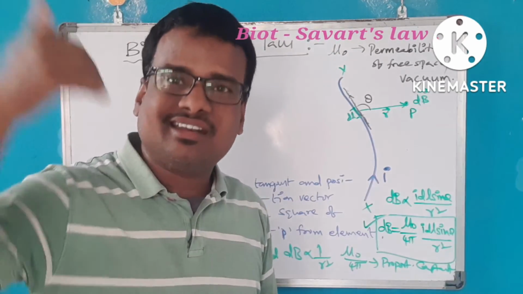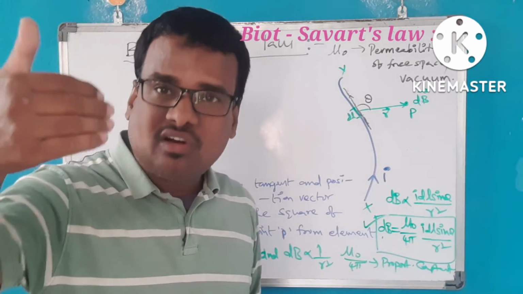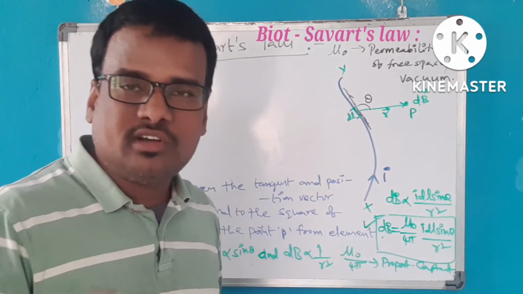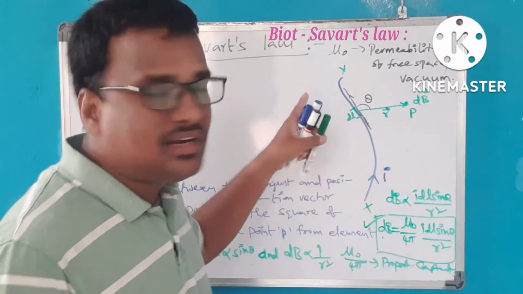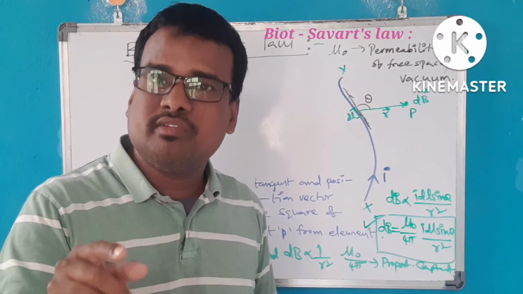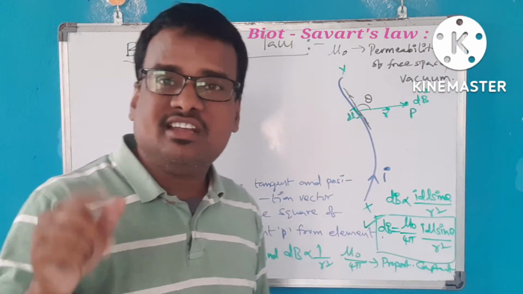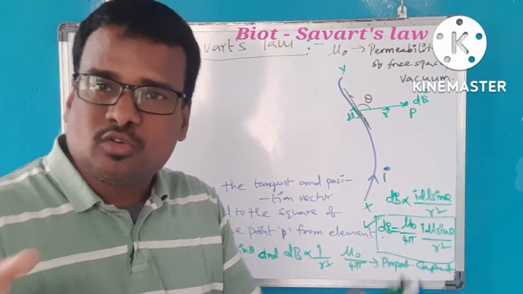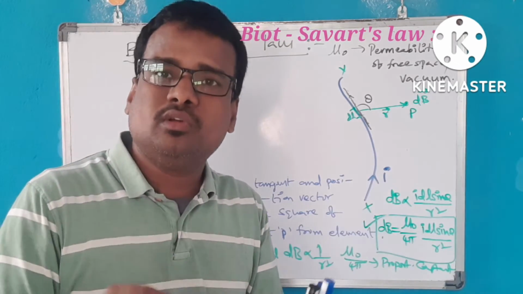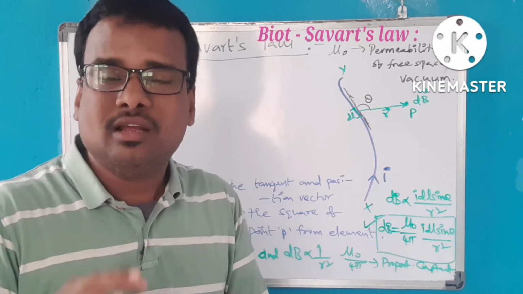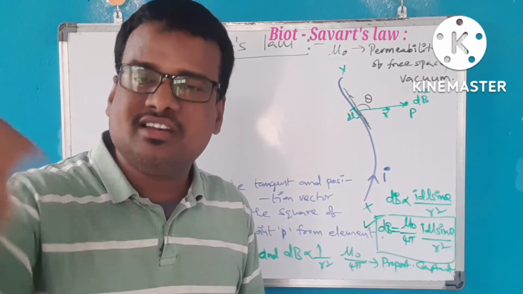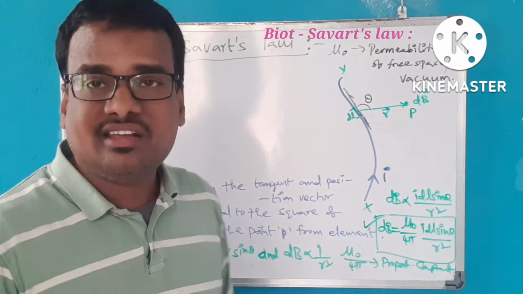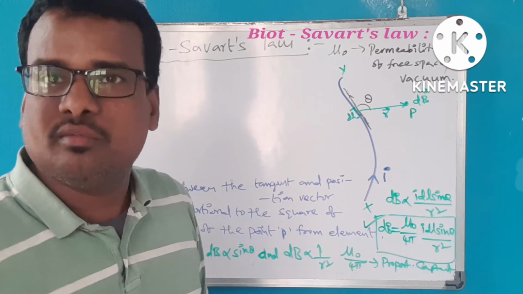In electricity, we call it permittivity and denote it by the letter epsilon naught. But in magnetic field, we call it permeability, denoted by mu naught. Both are similar, but epsilon naught is used in electricity, but mu naught is used in the magnetic field.